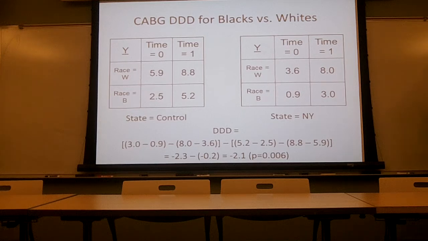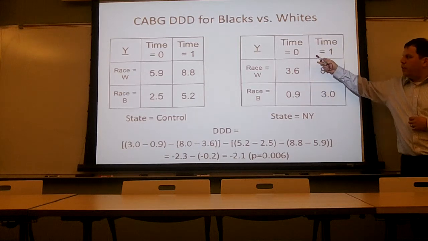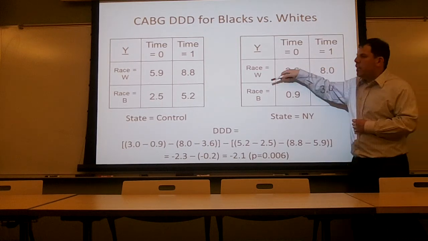Well, I'm confused, because it looks like in time period 0 in New York there's a really low rate of black patients getting care. But I thought the next graph says they're more likely to get care. So it's the relative difference, the difference in differences.